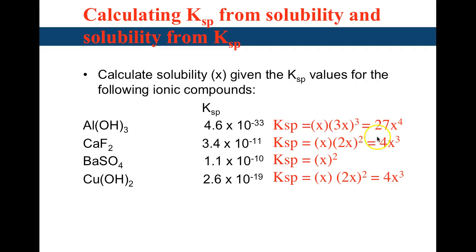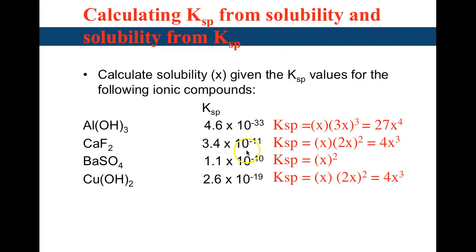So then what you do is take the Ksp value, 4.6 times 10 to the power negative 33, divide it by 27. Once you get the answer for that, take the fourth root of that number. That will give you x.